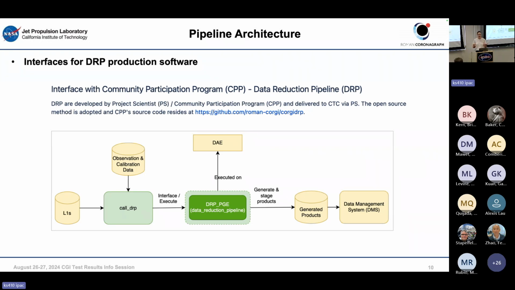Once we have the requested L1 data, it will trigger the execution of Corgi. And Corgi will generate the stage product that will then be managed by the data management system.